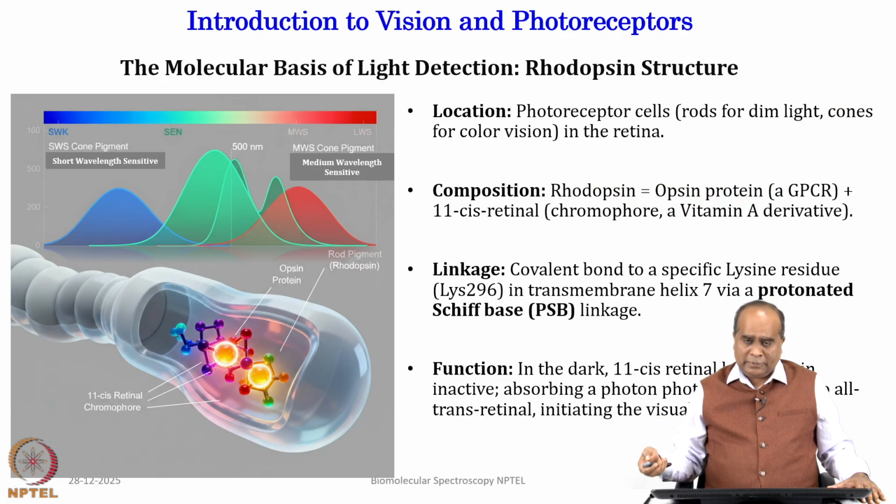So, this is a protein, and what is the chromophore that absorbs the light? It is called 11-cis retinal. That is a chromophore which is nothing but a vitamin A derivative, and that vitamin A derivative is a chromophore that absorbs light and undergoes some chemical reaction, so that we can see or perceive that color.